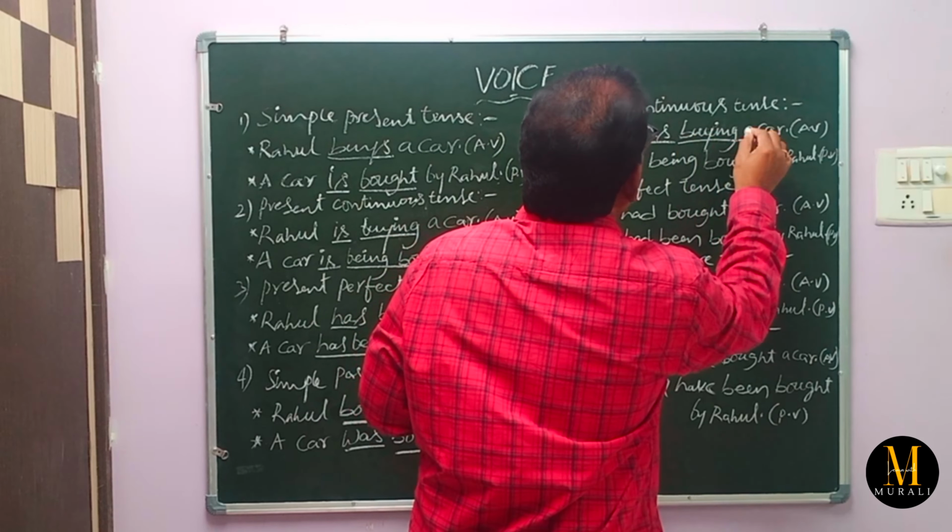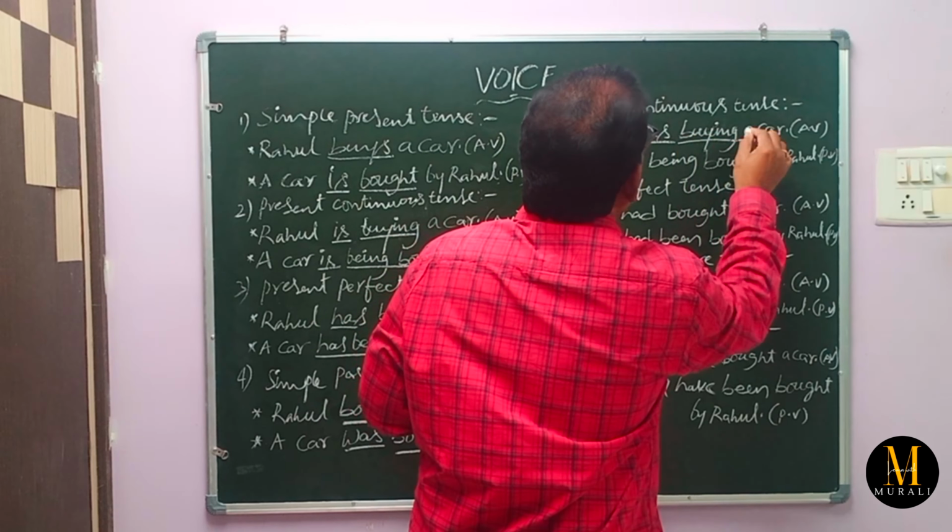Past perfect tense: Rahul had bought a car in active voice; a car had been bought by Rahul, passive voice. Simple future tense: Rahul will buy a car; a car will be bought by Rahul, passive voice.